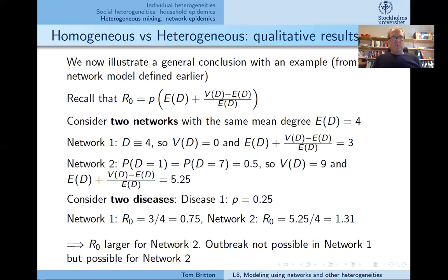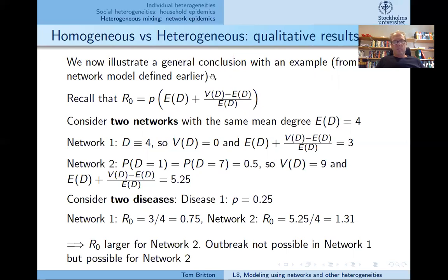So let me end by making an important statement, which I already alluded to earlier, and that is that if you have a heterogeneous model, typically R0 becomes bigger, but the final fraction getting affected need not become bigger.